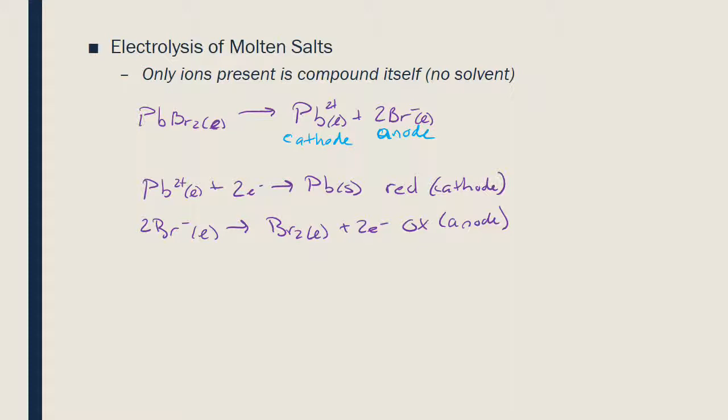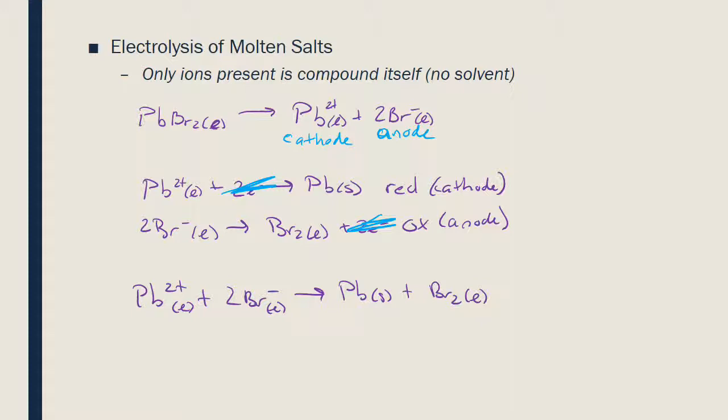So we can write our net reaction. The electrons are already balanced for us, which is a nice thing. And so we can cross out our electrons and write our net reaction. So this is showing us that Pb2+ plus 2 bromide ions is going to give us pure lead and pure bromine.